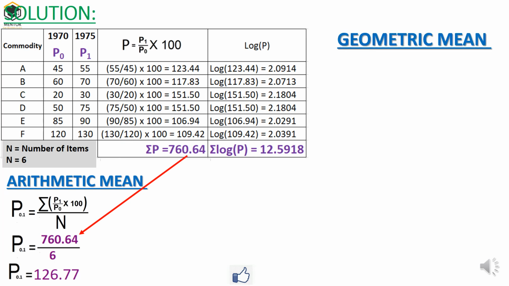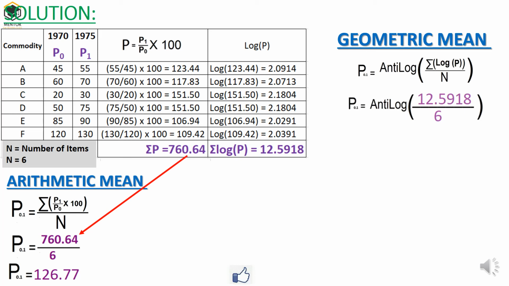Next we have the geometric mean. What is the formula for the geometric mean? The price index of the current year based on the base year is equal to the antilog of the average of our log values of P. So P01 is equal to the antilog of summation log P divided by N, where summation log P is 12.5918. The N value is 6.